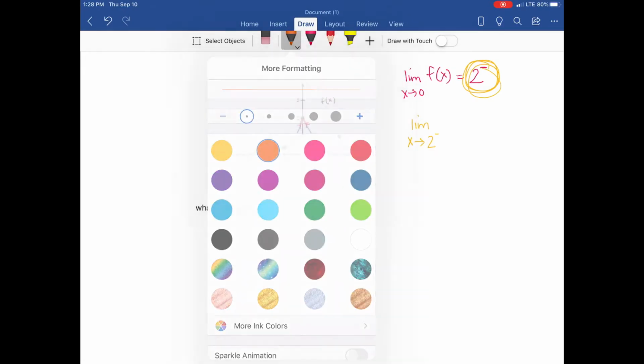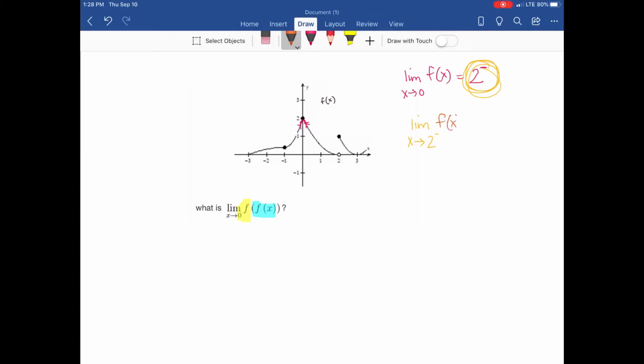We'd see that, let's see, 2 from the left is taking us here. So we know that that would approach 0. There is no reason for us to look at this side of the graph because this value right here doesn't get larger than 2.